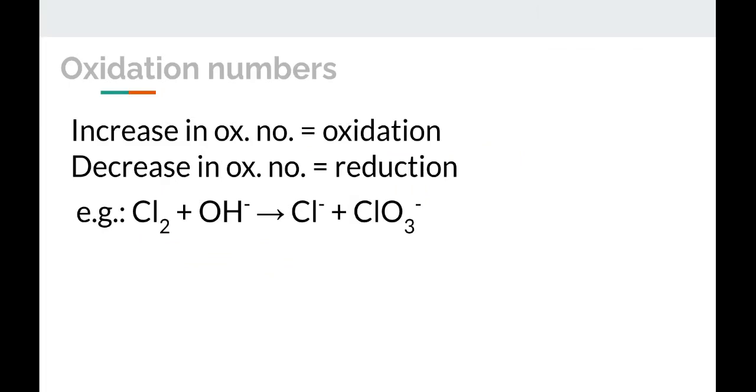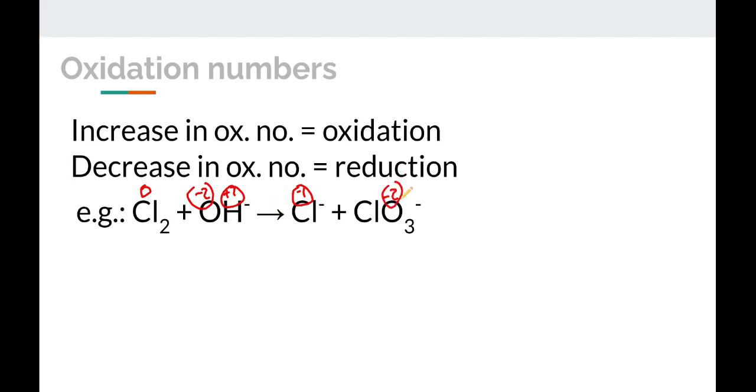Here's another one. Chlorine's an element by itself, that's 0. Here's a chloride ion. Charge and oxidation number are the same, that's a -1. Oxygen here is -2. Hydrogen in compounds, +1 when it's with a nonmetal. -2 and +1 make -1 when you add them together, which is the charge in the ion, so that tells us we did that right.